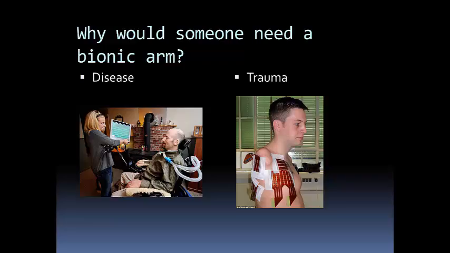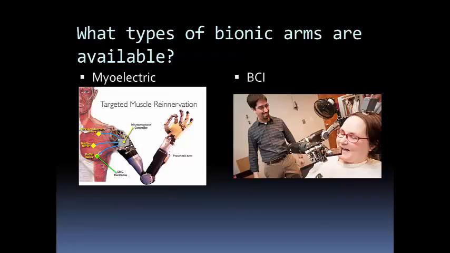So what types of bionic arms are out there? There are two primary types: those that operate on electrical impulses generated by surrounding muscles, also known as myoelectric type bionic arms, and those that are controlled directly from the brain, which are BCI enabled.